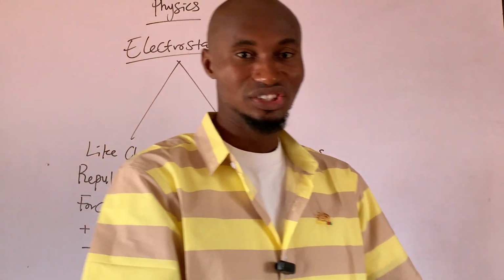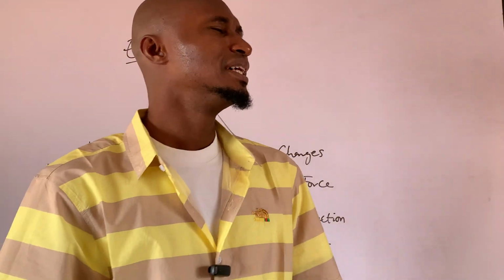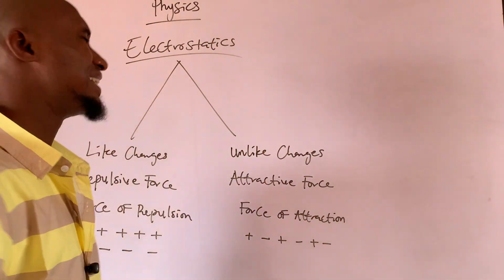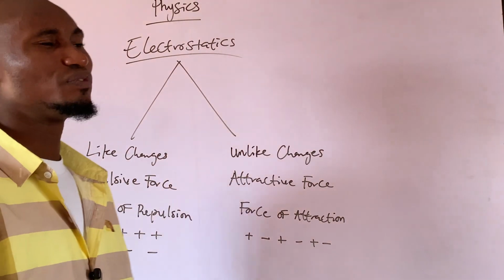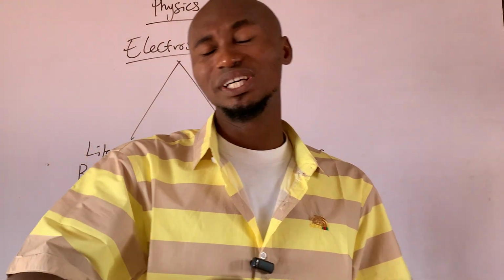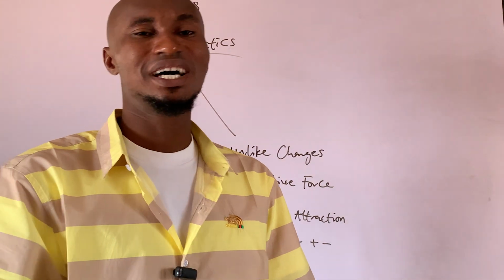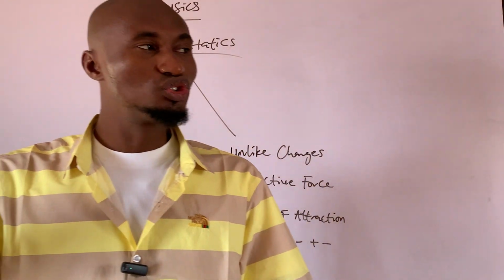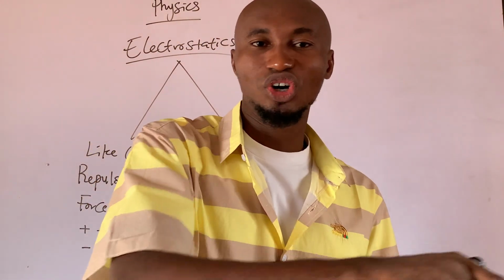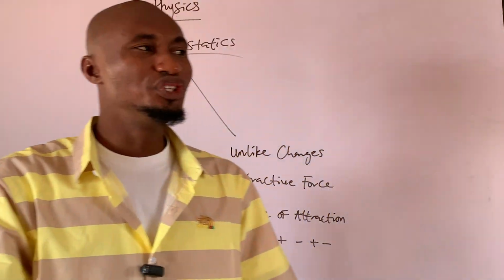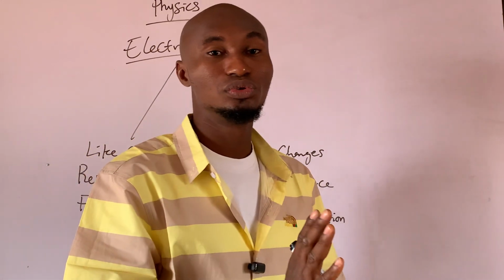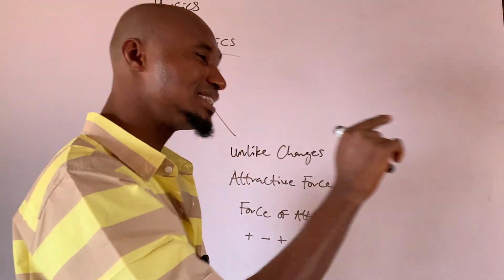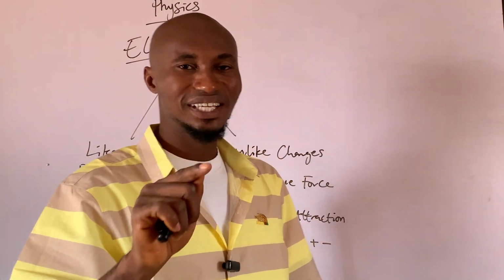That is electrostatic induction. Did you understand? Now, don't forget that what I have for you in today's lesson is capacitance of a capacitor. But I can't just jump into capacitance of a capacitor without giving you the ground principle or the ground rule that connects to capacitance of a capacitor.